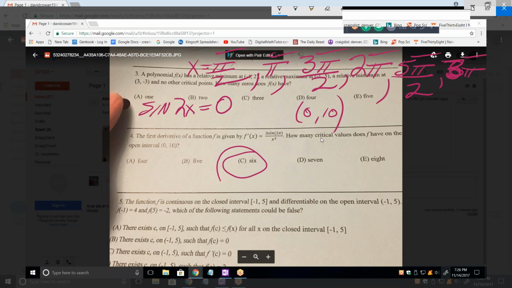Remember, a first derivative can be undefined, and that could be a cusp or something, which could still be a minimum or a maximum. So if 0 was in the interval, had they said from -1 to 10, 0 would be a critical point.